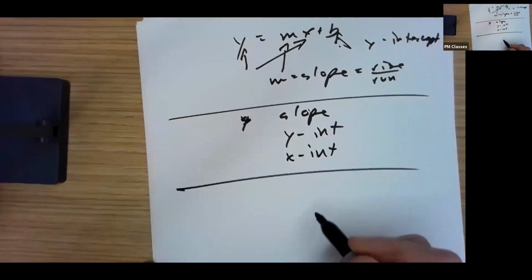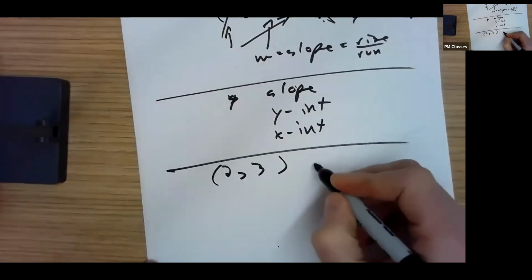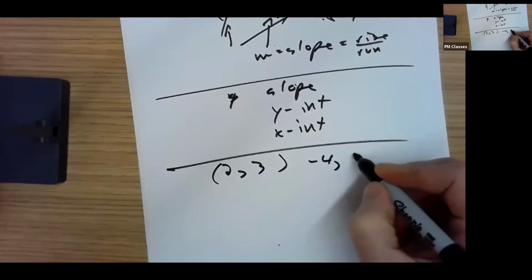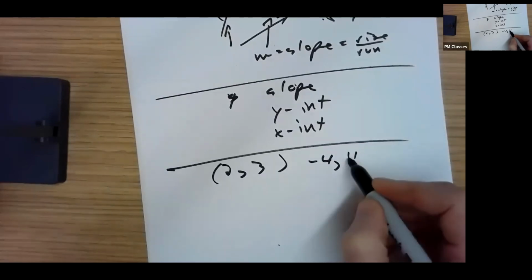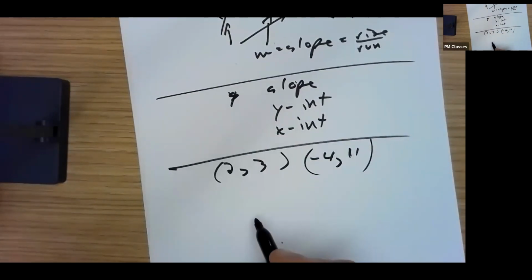So first thing we're gonna do is we're gonna write a line. Let's say you have the points 2, 3, and I don't know, -4, 11. And we need to define the slope of that line. The first thing we're going to do is find slope. Okay?